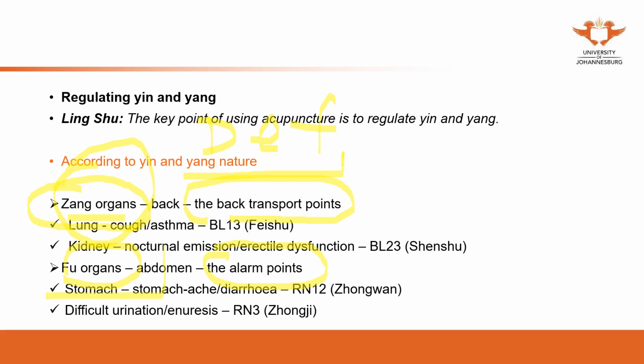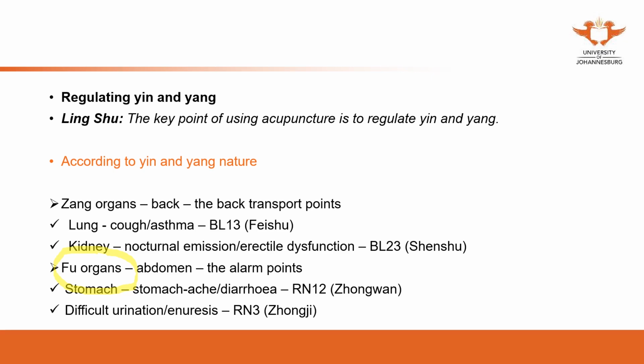This is related to the characteristics of the Zangfu organs, because the function of the Zang organs is to store, and they should not discharge. The function of the Fu organs is to discharge, and they should not store. If the Fu organs store something, it becomes excess.